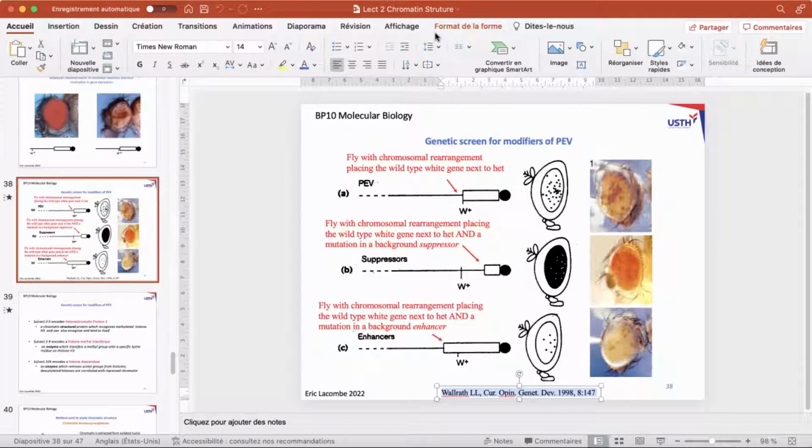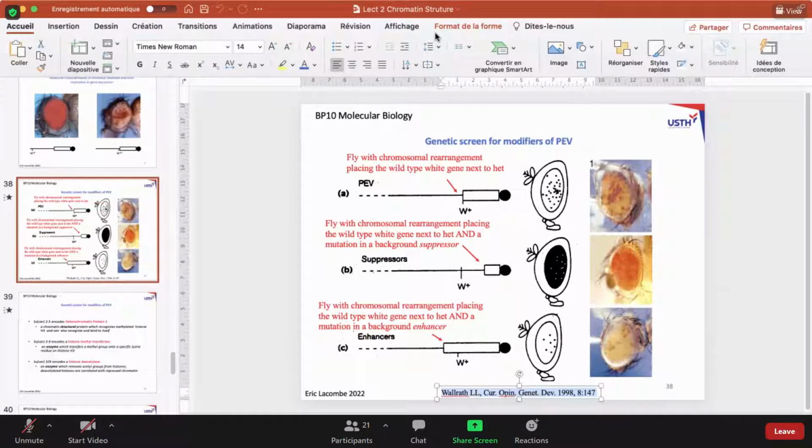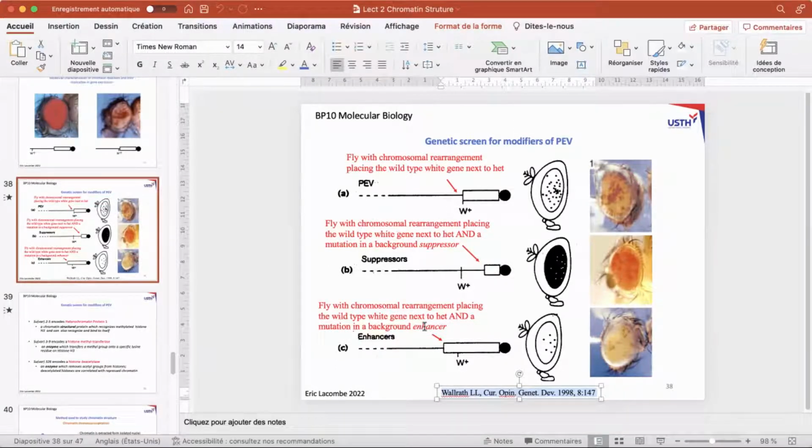Okay, so in this slide, there are suppressor and enhancer, but normally I understand the suppressor is going to suppress the expression of the gene, right? So in this particular case, suppressor is for suppressing the expression of the heterochromatin? Exactly. They are not suppressors of the phenotype of the red eyes. In this case, they are enhancers of chromatin expansion.